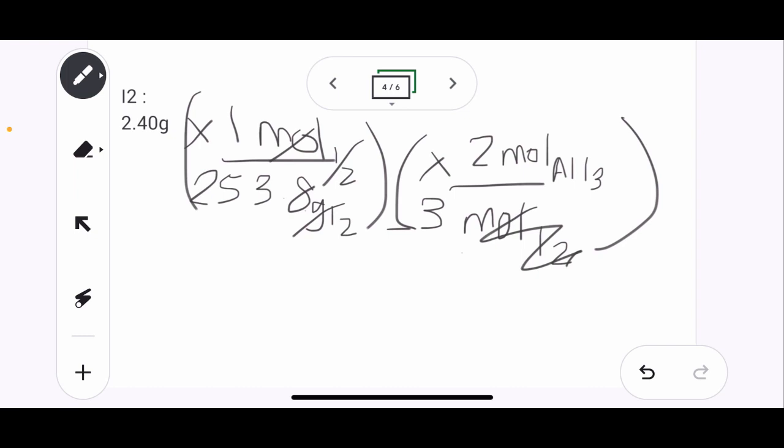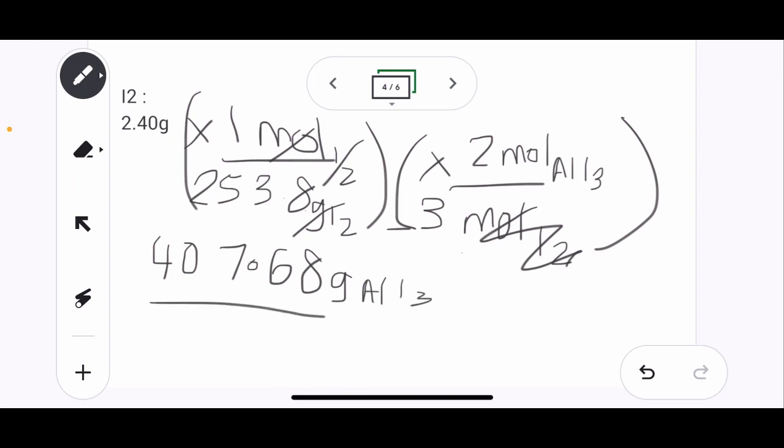And then the last one again is the molar mass of the product. So this is the same conversion that we did with the aluminum iodide when we were doing that conversion. So this is 407.68 grams of aluminum iodide. And then we want to get rid of the moles of aluminum iodide, so we're going to put that at the bottom.